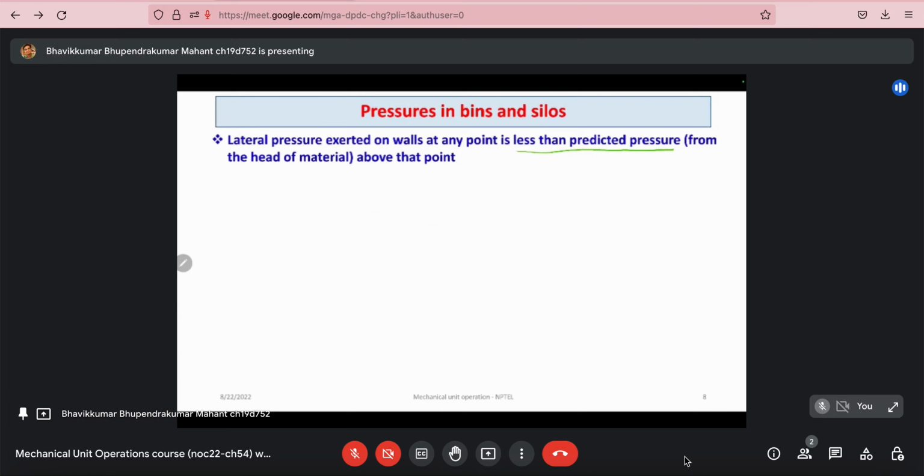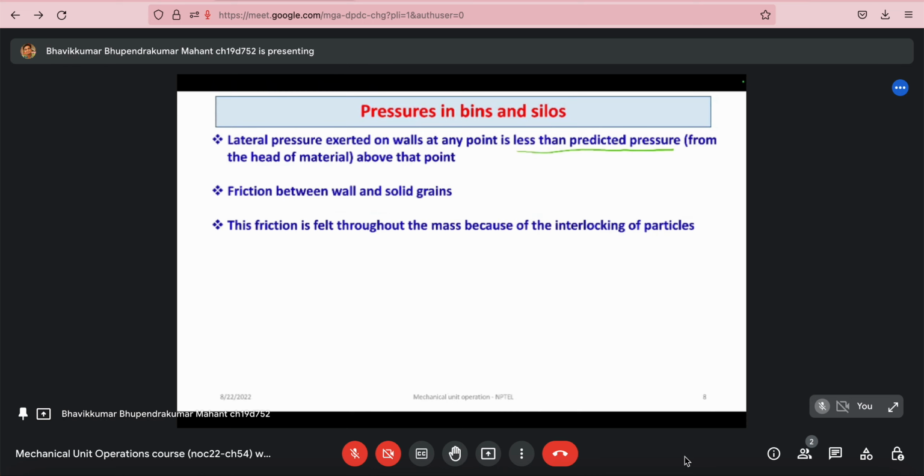Okay, so whatever lateral pressure is exerted, if you predict some pressure, the actual one is always less. Now, friction between wall and solid grains. When you are talking about the pressure on bins and silos, you need to understand the friction between the wall and the solid grain.